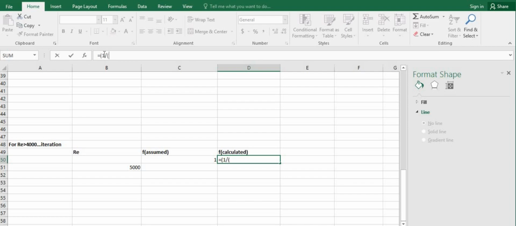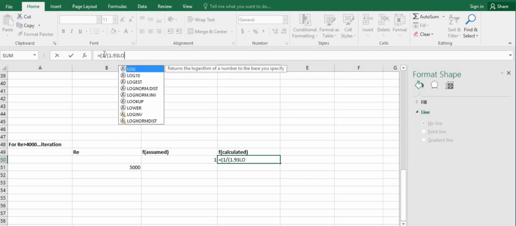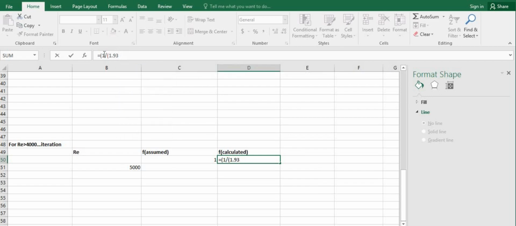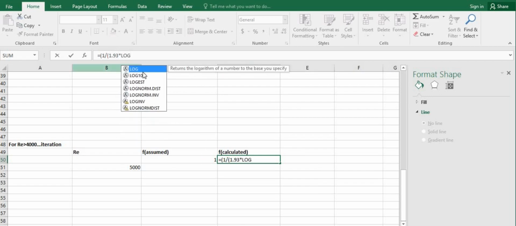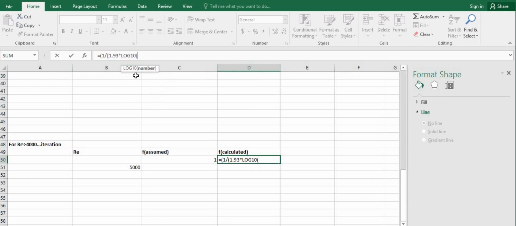We can put them in a bracket, 1.93, then log multiplied by log to base 10 of our RE value. Now our RE value will be constant for the iteration of this value, so we'll attach dollar signs. RE then multiplied by F. We are going to use this assumed value of F here.